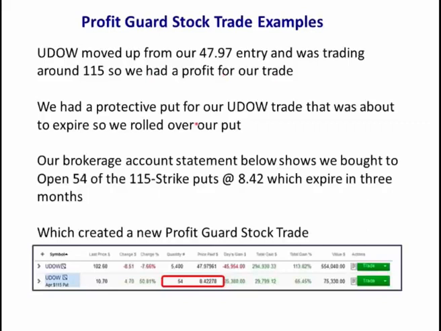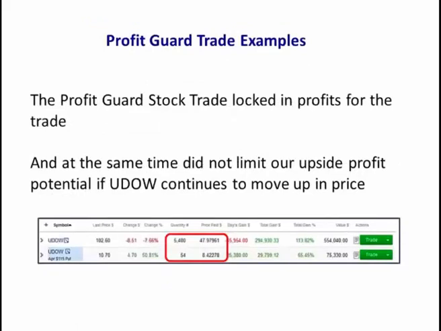We already had a protective put in place, but that was expiring. So we rolled that over and we purchased the 115 strike put at 842 to create a new profit guard stock spread. So again, we purchased 5,400 shares.